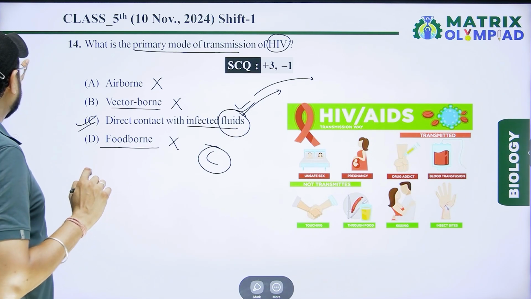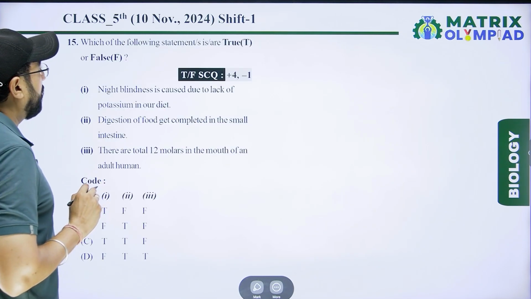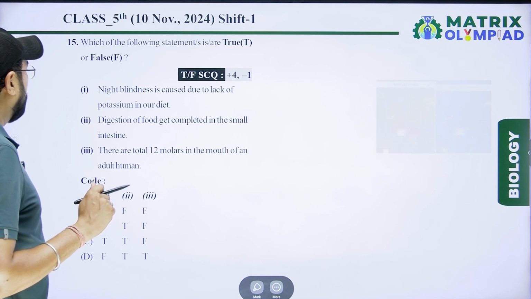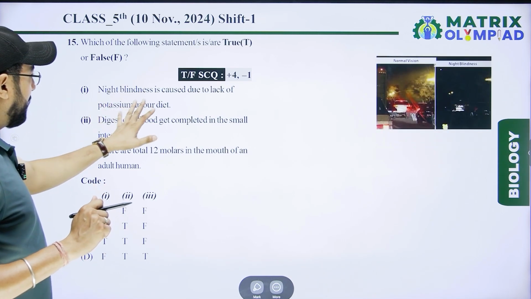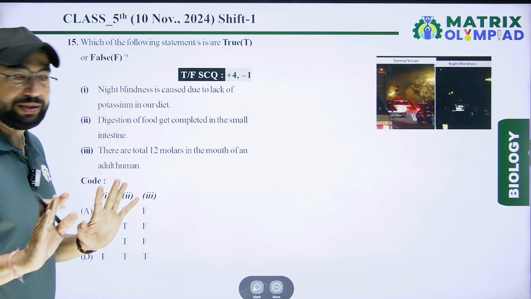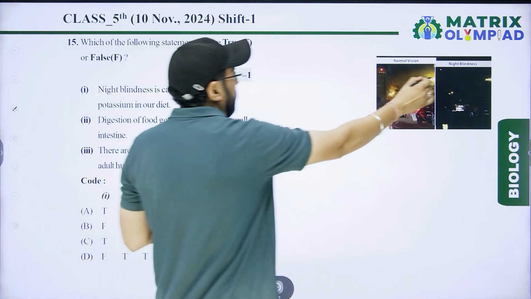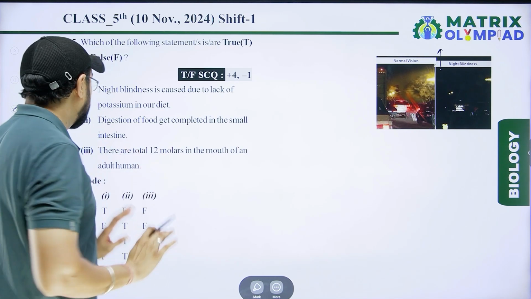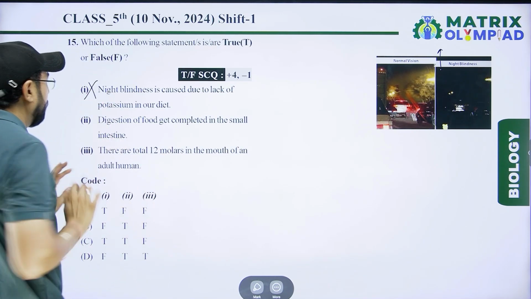Next question is, which of the following statements are true and false? Night blindness is caused due to lack of potassium in our diet. Night blindness is caused by vitamin deficiency, so that is wrong.